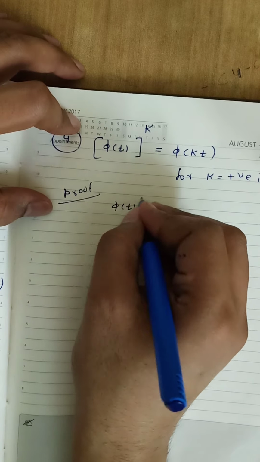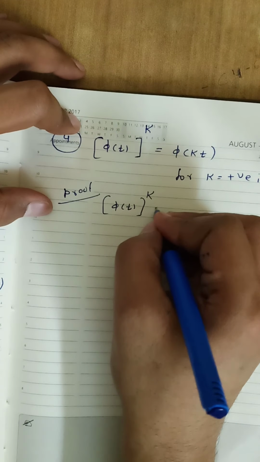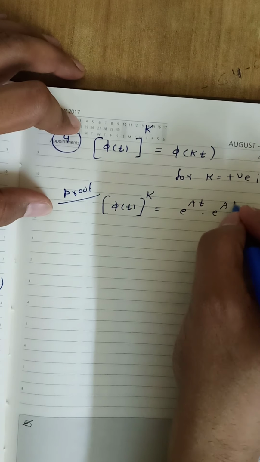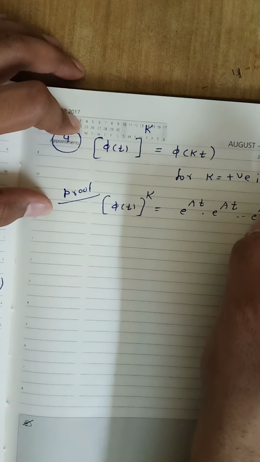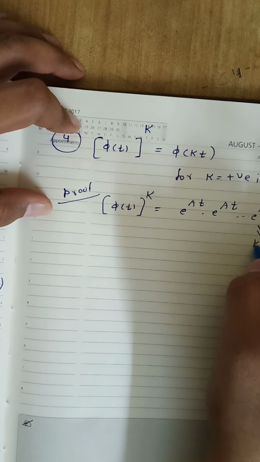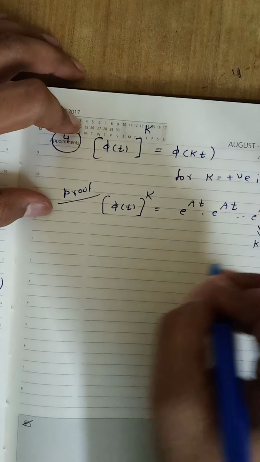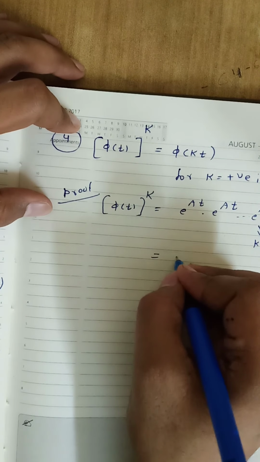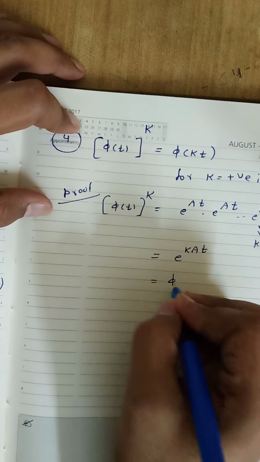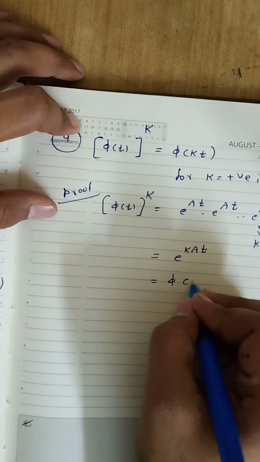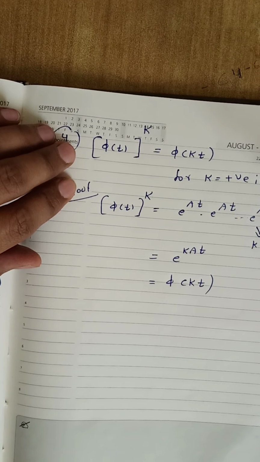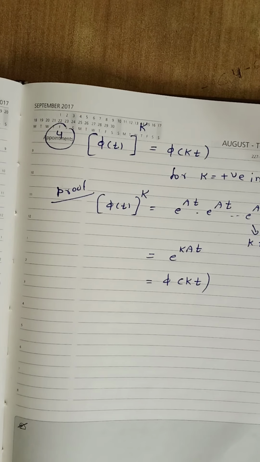Phi of t power k equal to e to the power at into e to the power at up to e to the power at. That means we have k terms. So we can write it as e to the power k at, or phi of kt. That's why we are saying phi of t power k equal to phi of kt for positive integer.